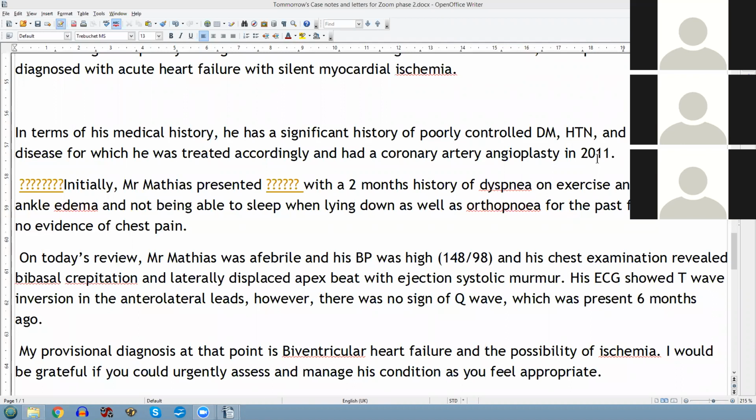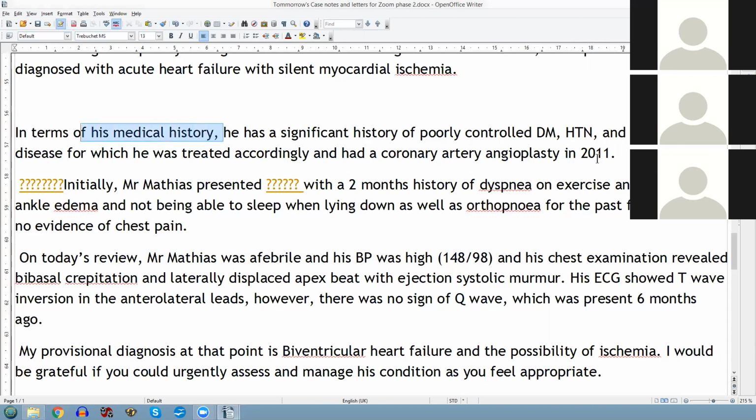So you could say, in terms of medical history, he has a significant history. You could maybe take it out or change it just for the reader, because of stylistics. Maybe for the reader, we don't want to keep reading the same words over and over.